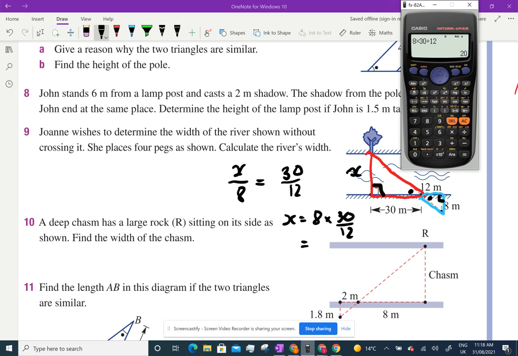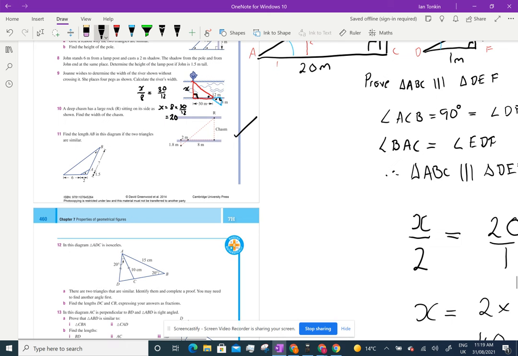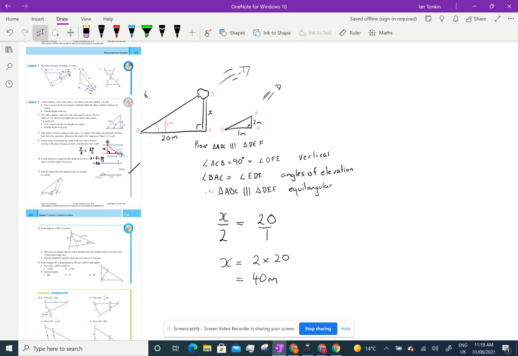All right? Now, you should go through and prove all that. But once you know the triangles are similar, away you go. And here you can see they've done it again. So, there are our proofs, and applying those proofs with similarity. Good luck with those.